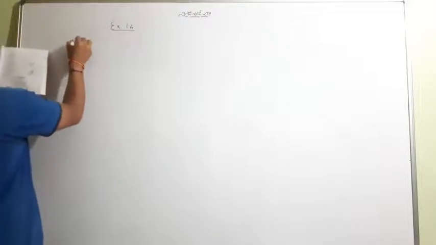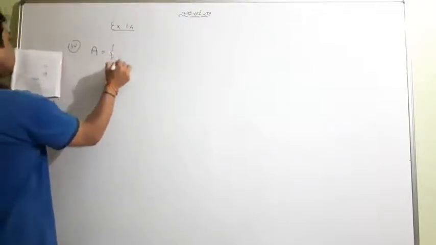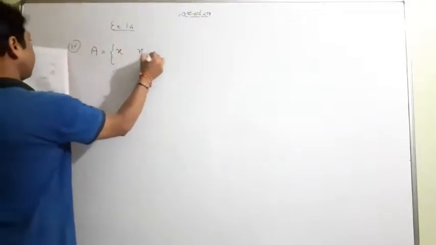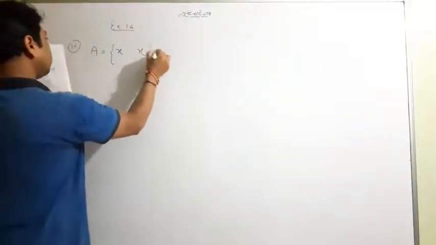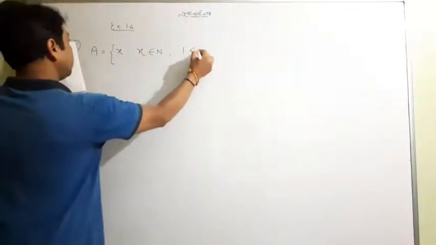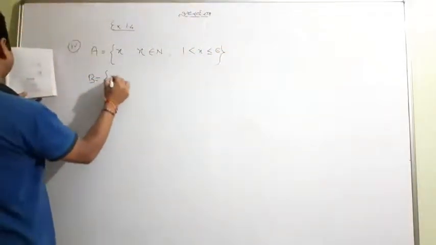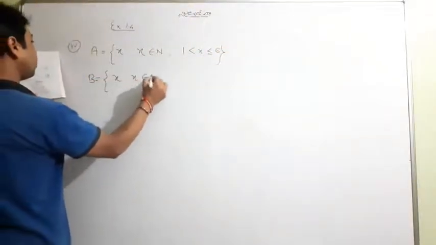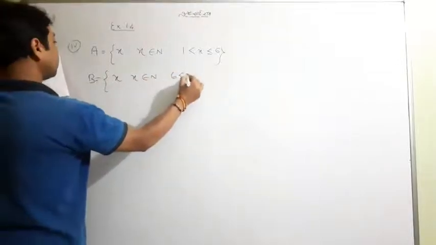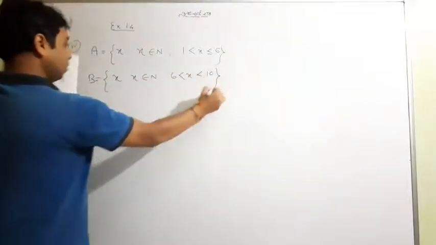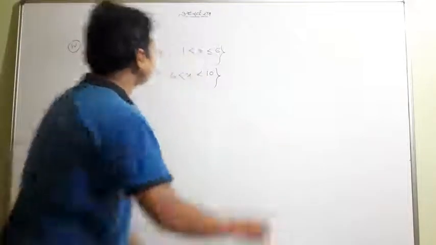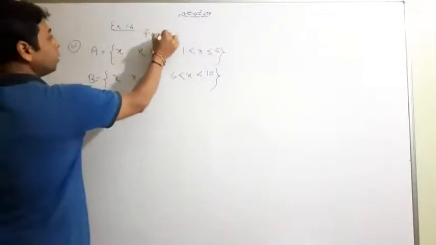Fourth question I want to take: A = {x such that x is a natural number and 1 < x < 6}, and B is a set {x such that x is a natural number and 6 < x < 10}. We are told to find the union.